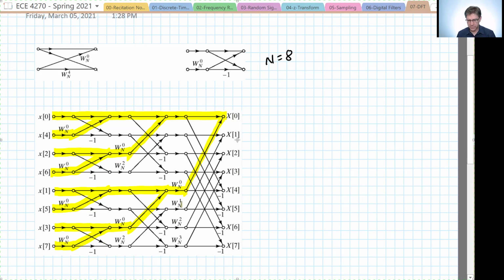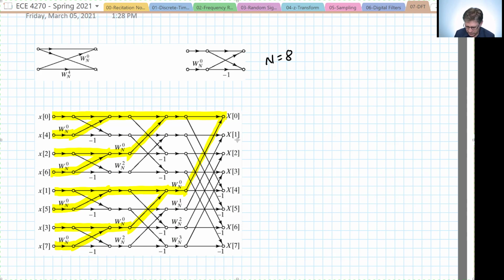So every value is added in, and the only thing they're multiplied by is Wn of 0. So that works. Wn of n, or Wn to the 0, is of course 1. So we've added them all up.